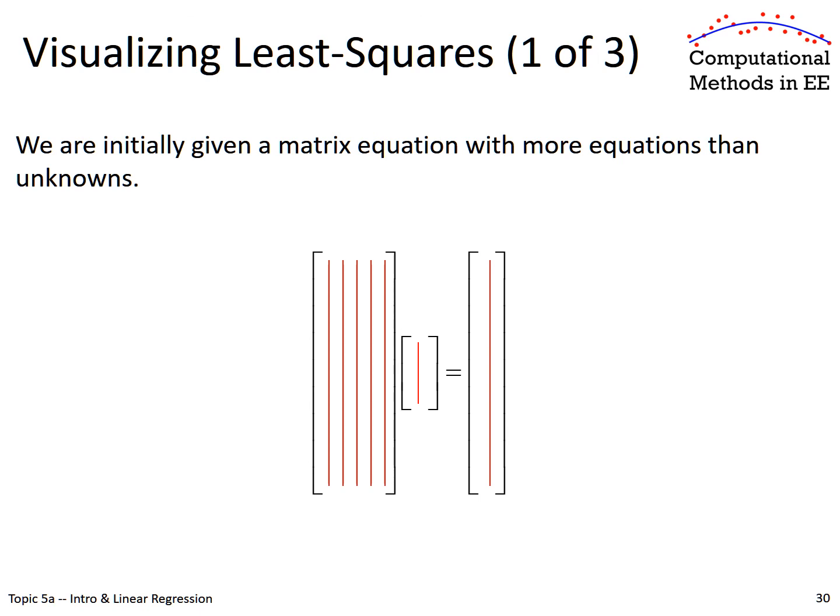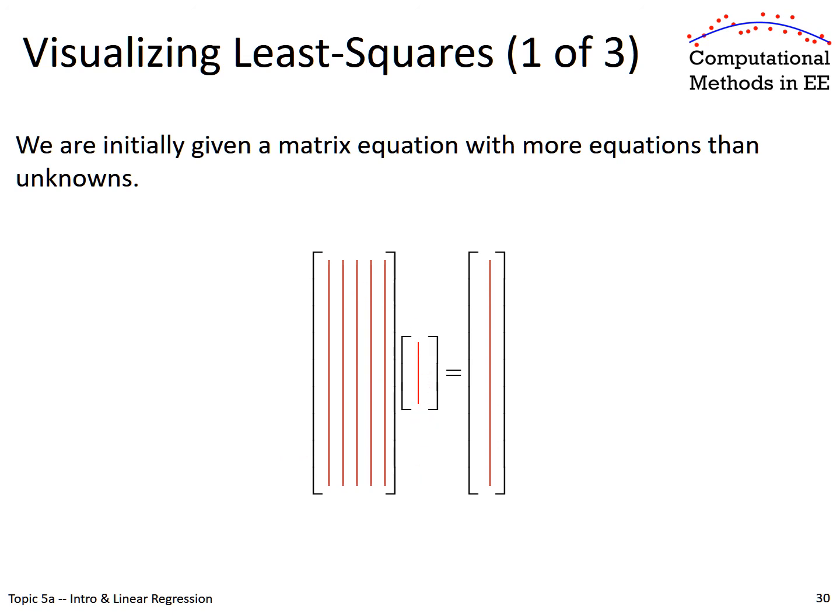A way that I really like to think about this, I'm just picturing the matrices as pictures now, just to get an idea of the size. If we really have a situation where we have more equations than unknowns, we're going to have a rectangular matrix on the left-hand side. And there are many, many more equations than there are unknowns.